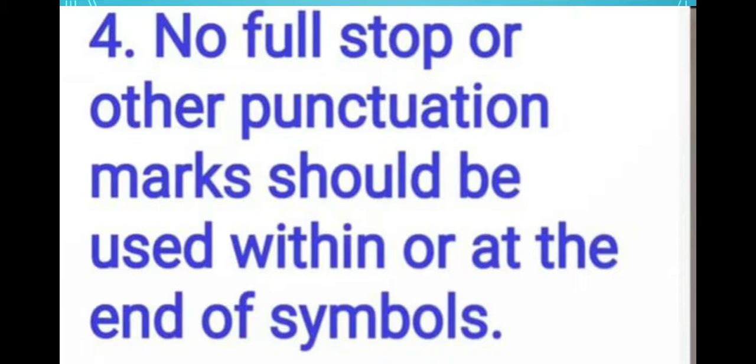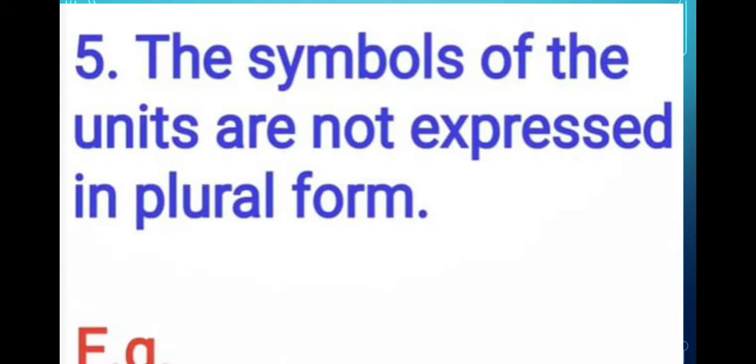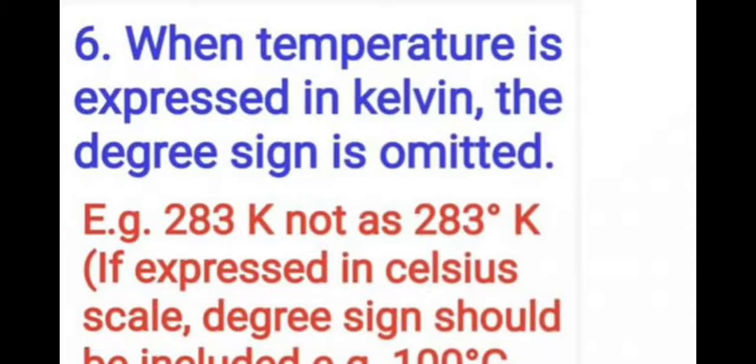The symbols of the units are not expressed in plural form. Example, 10 kg, not as 10 kgs. When temperature is expressed in Kelvin, the degree sign is omitted. Example, 283 Kelvin, not as 283 degree Kelvin.